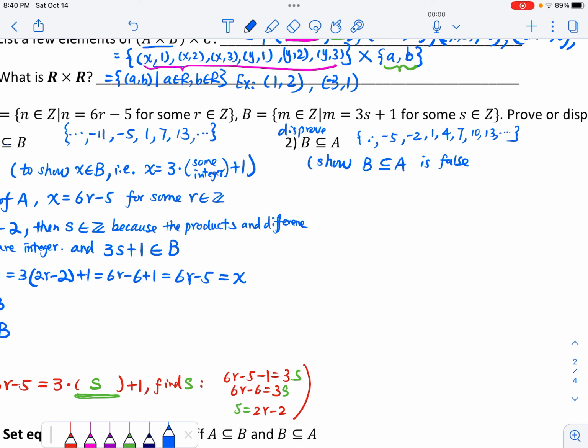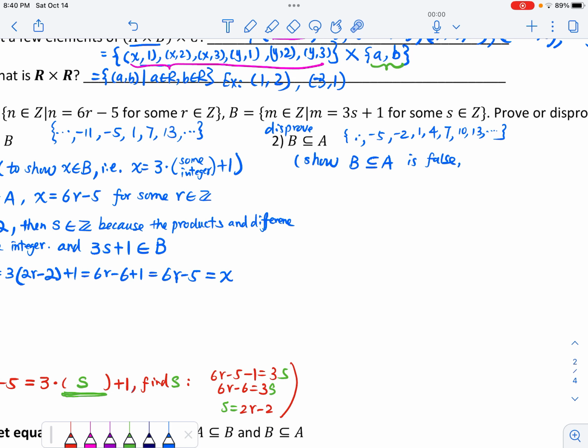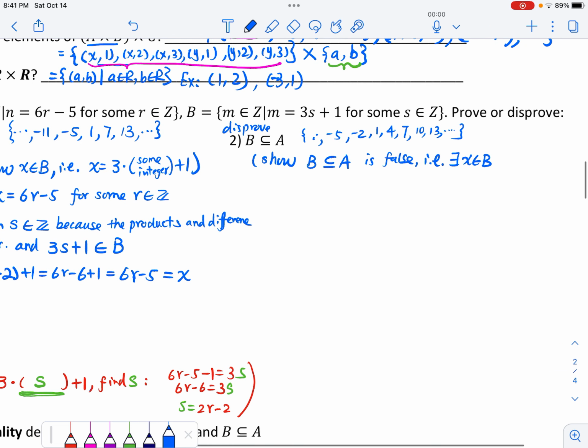In other words, you must be able to find some element in B so that it is not in A. So in other words, there exists x in B, but x is not in A, right?